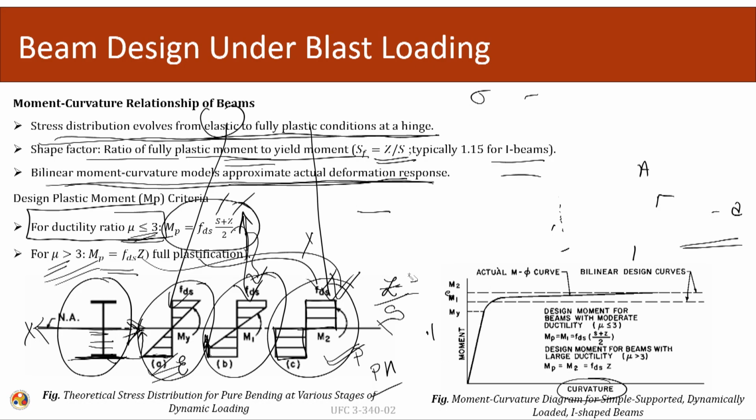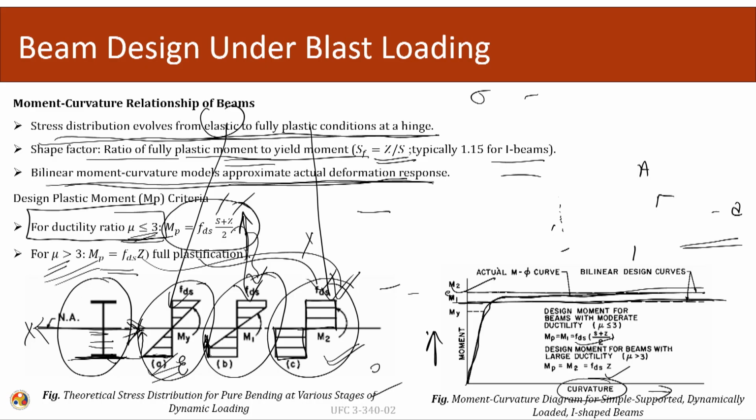And this is the shape of a typical moment curvature relationship. The y axis is moment, the x axis is the curvature. This is the plot of the actual moment curvature relationship. We use the bilinear design curves, M1 and M2, depending upon whether my section is lying in the fully plastic region, M2, or the elastoplastic region, M1.